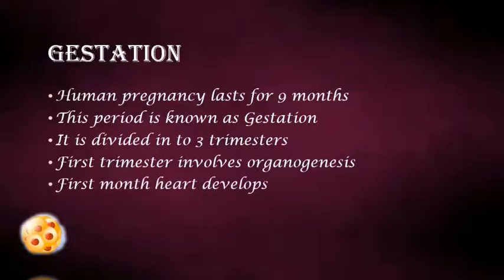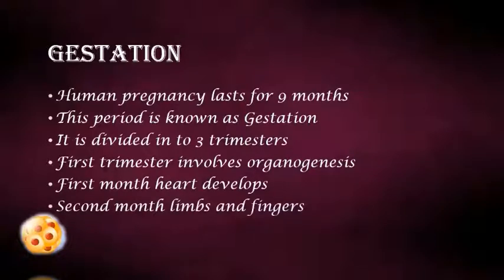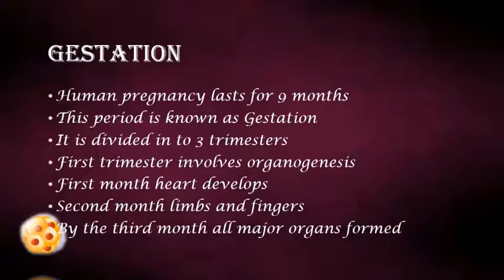In the first month, the heart develops. In the second month, the limbs and the fingers develop, and by the end of the third month, all the major organs have developed. That is why this first trimester, comprising the first, second and third month, is said to involve organogenesis.